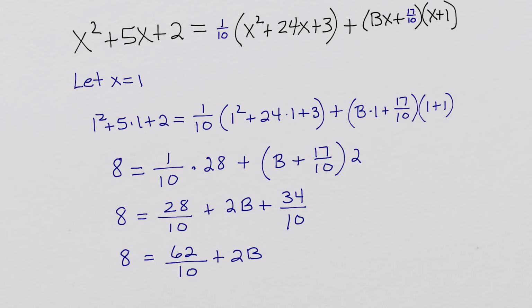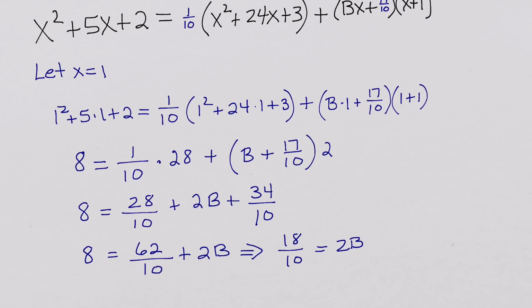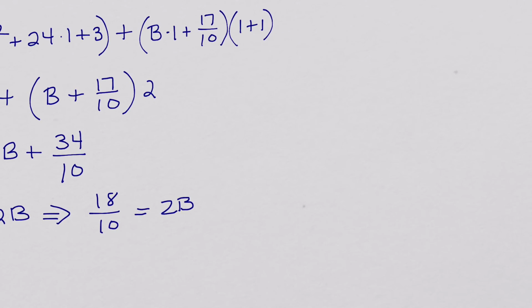And so now I'm going to subtract the 62 over 10 from both sides, and that's going to give me, let's see, 8 would be 80 over 10, so that'll be 18 over 10 equals 2B. And let's see if we can squeeze this in. I'm going to zoom out again a little bit and just get some more room here.